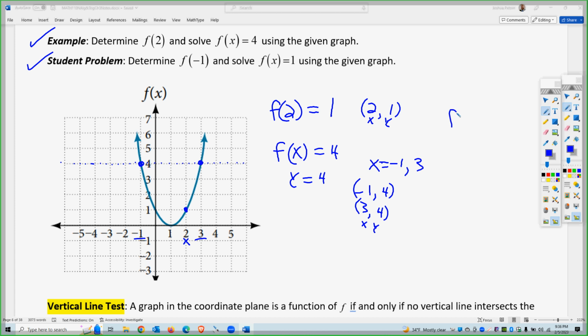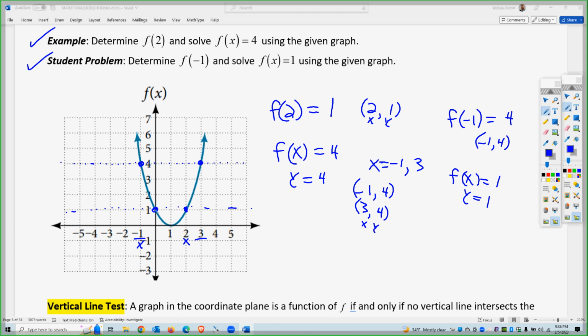Okay, so let's say we try f of negative 1. So if I go to x equals negative 1 on the graph, well, we already did that one. That's 4, right? We already knew this. Negative 1, 4 is our coordinate. Okay, what about f of x equals 1? So essentially we're saying that y equals 1, correct? So I'm going across the graph like this, right? I'm going to get two coordinates, one of which we already know.